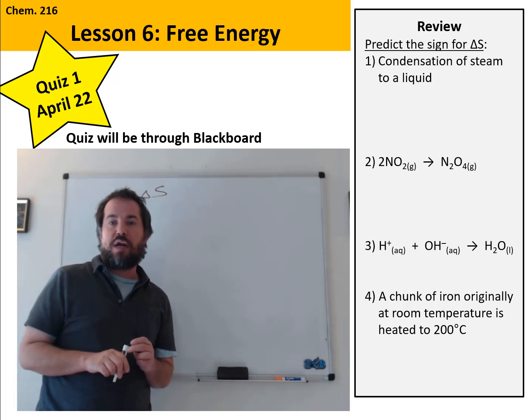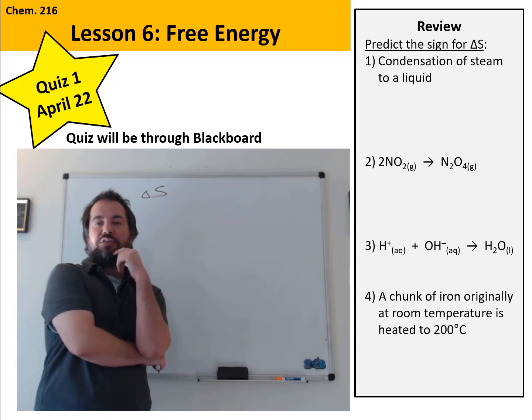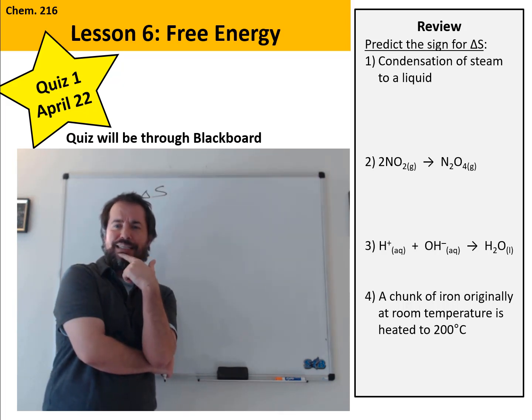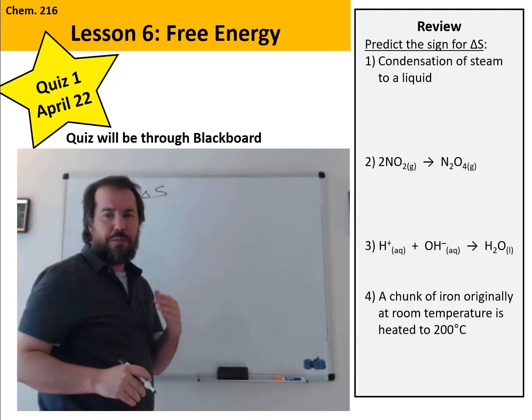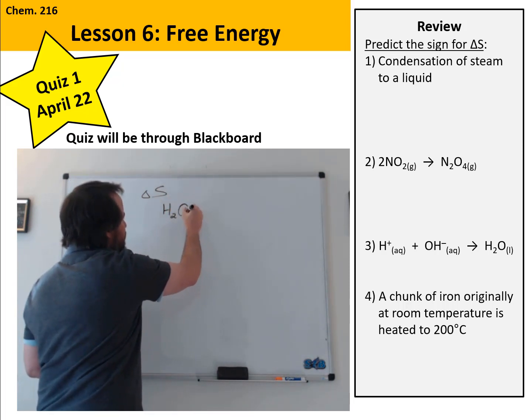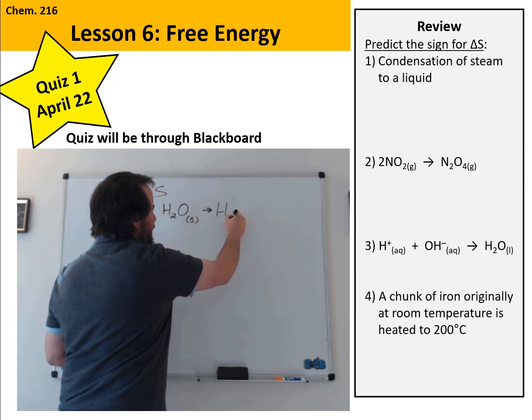So let's look at number 1, condensation of steam to a liquid. If I want to know the delta S for this, I need to start off with a reaction. So I'm going from steam. Steam is a word for H2O gas. So we're going from H2O gas to H2O liquid.